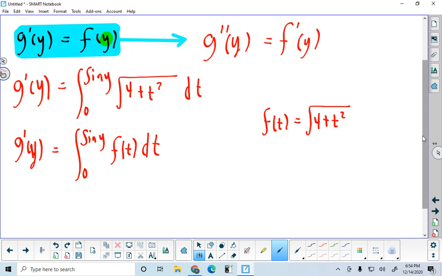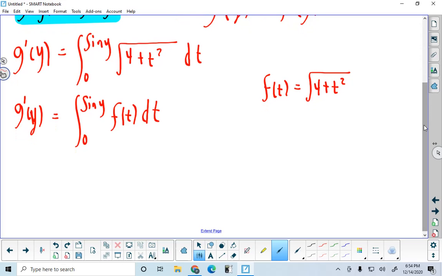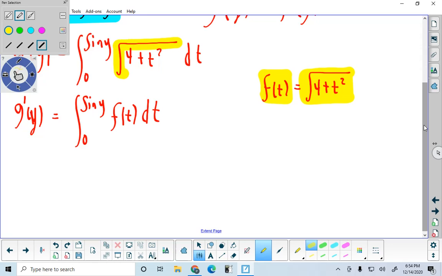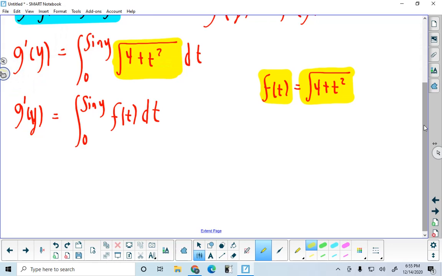So what does the fundamental theorem of calculus say? I'll slow down for a second just to make sure you're catching my drift. If f of t is the square root of 4 plus t squared, then that's all I've done: I've changed the square root of 4 plus t squared to f of t.